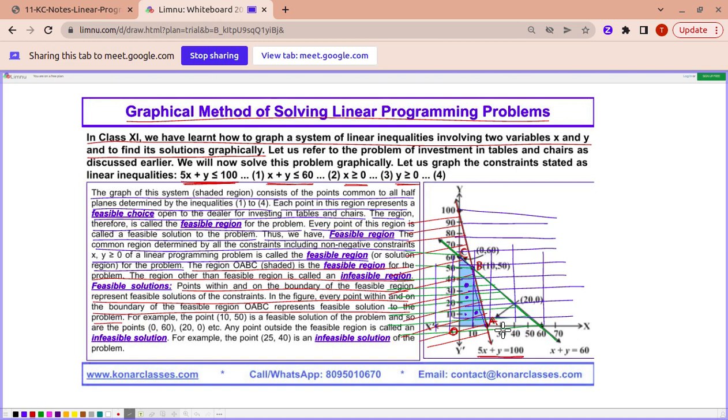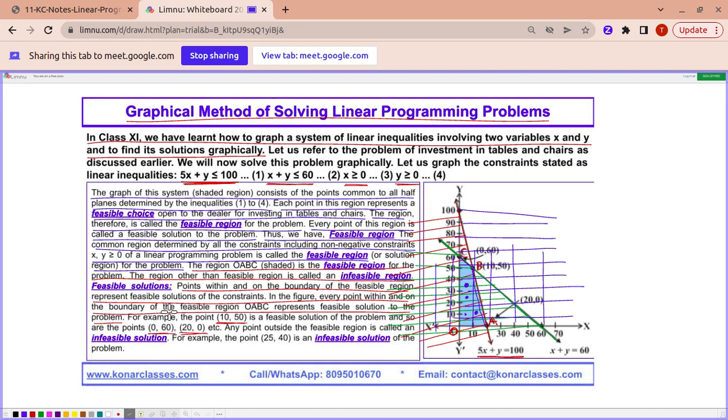Then A, whose coordinates are 20, 0, that is also a solution. If we see B, which is 10, 50, that is also a solution. Now if you see C, 0, 60, that is also a solution.